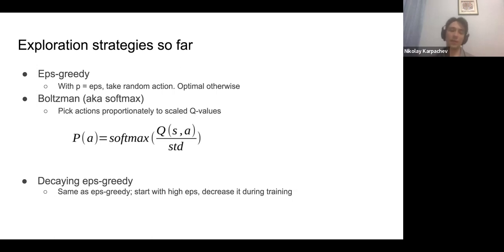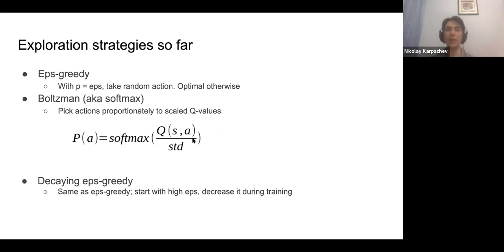The advantage of this strategy is that it's quite simple, but it's not particularly good. We'll see in a few minutes. The next strategy that we've seen is called Boltzmann sampling, also known as softmax sampling. In particular, we have Q values, and we sample actions proportionately to the Q values, probably scaled with some temperature or another constant.